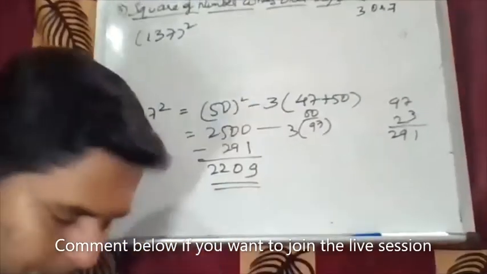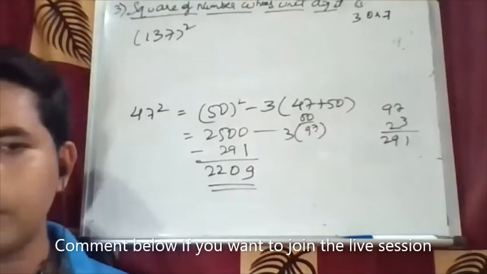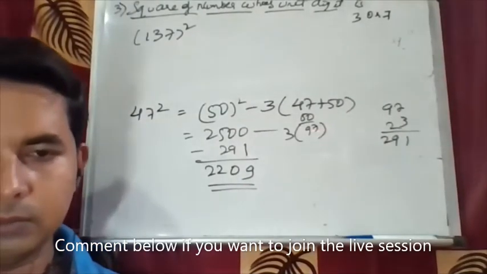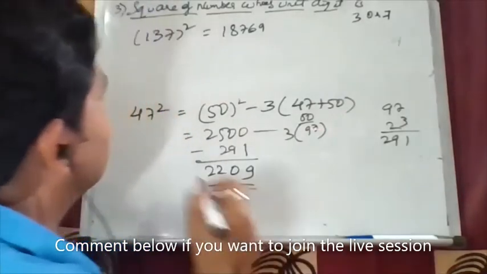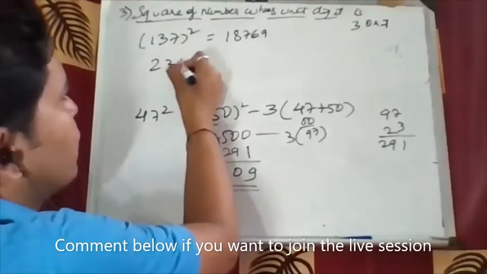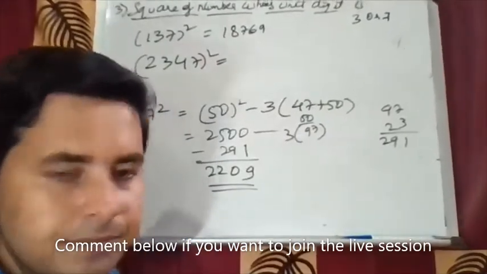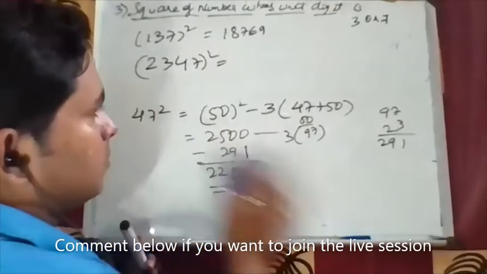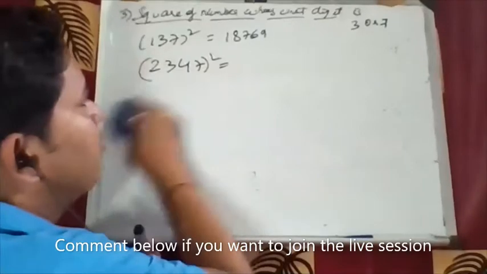What will be the square of 137? The square of 137 is 18769. So one more last for this concept: the square of 2347.